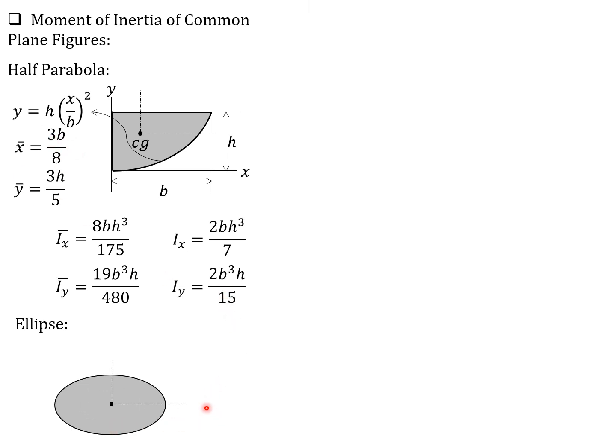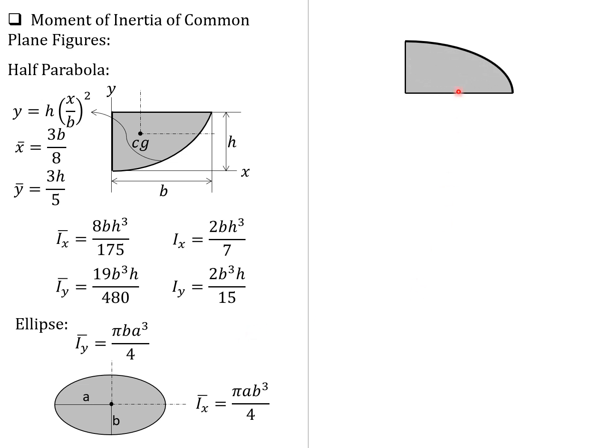For an ellipse, with respect to the centroidal axis, or along the major axis, it is pi over 4 a b cubed. With respect to the minor axis, it is pi over 4 a cubed b. Then for a quarter ellipse, with respect to the centroid, barred x is 4a over 3 pi, barred y is 4b over 3 pi.